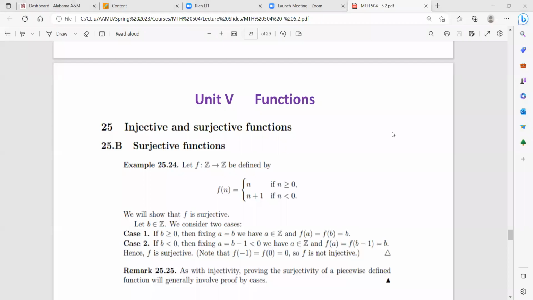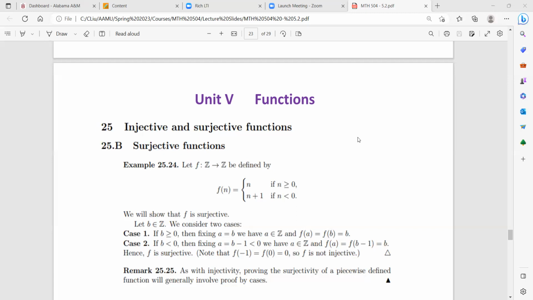So last time we just talked about the surjective function, our onto function. A surjective function is a function for which each element in the codomain is an image under the function of the domain.